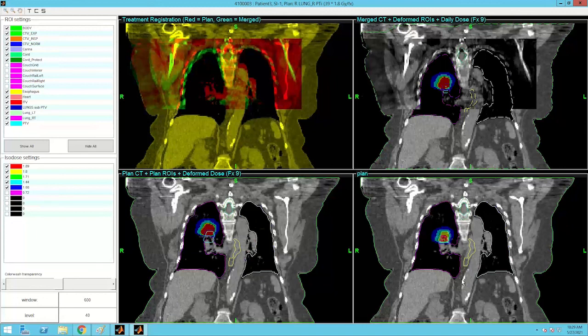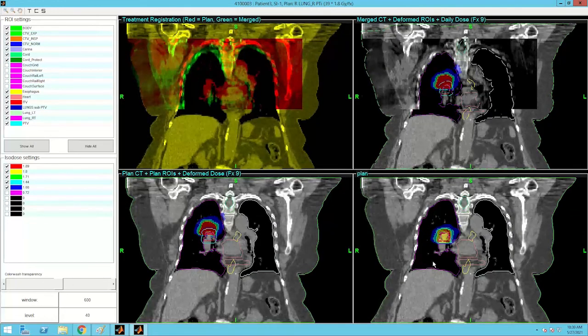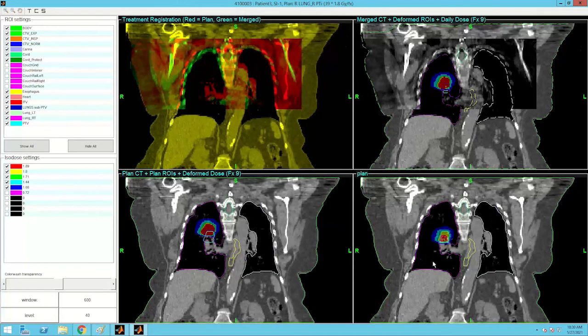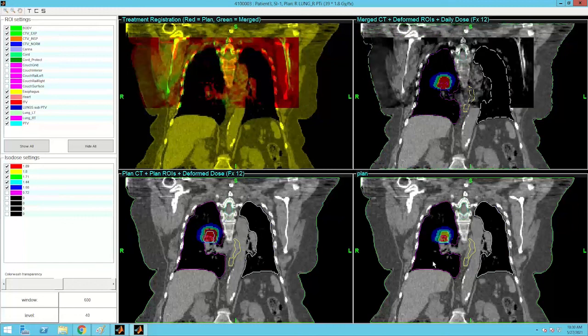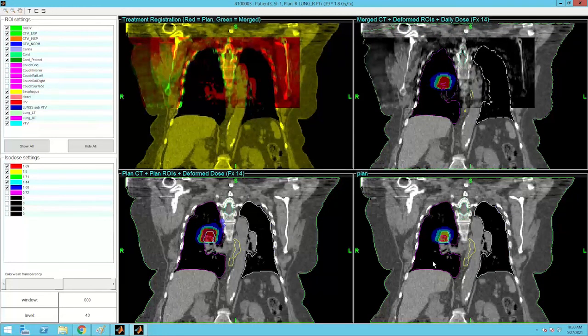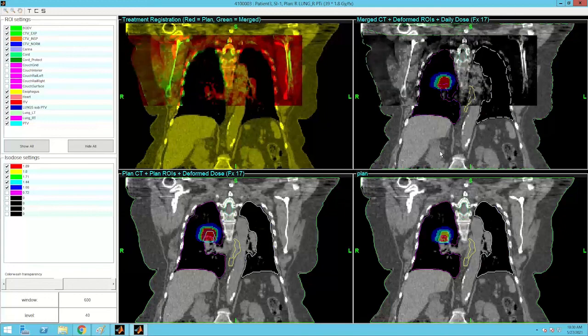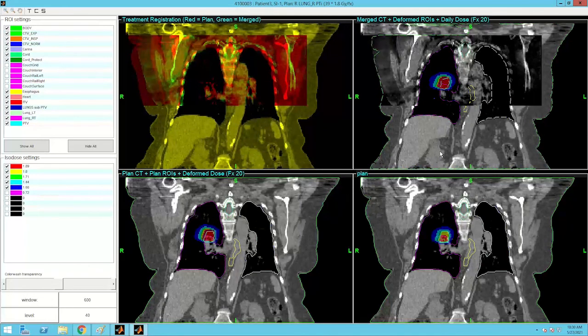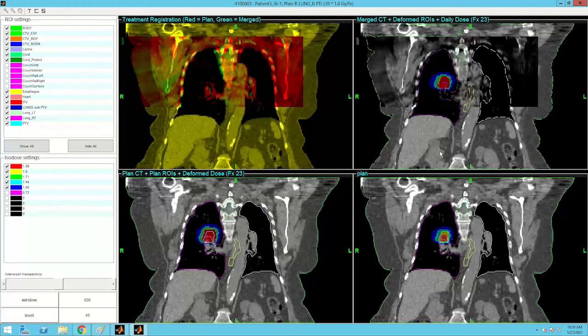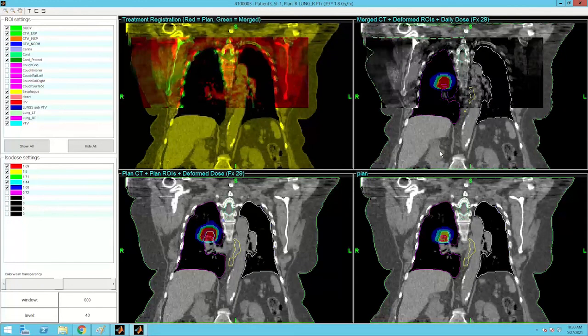And of course, you can look through transverse, coronal, sagittal, and we could give a deeper look as well, and just step through all of the fractions, mostly focusing on the merged CT and the daily doses calculated on that merged CT versus the planning dose.